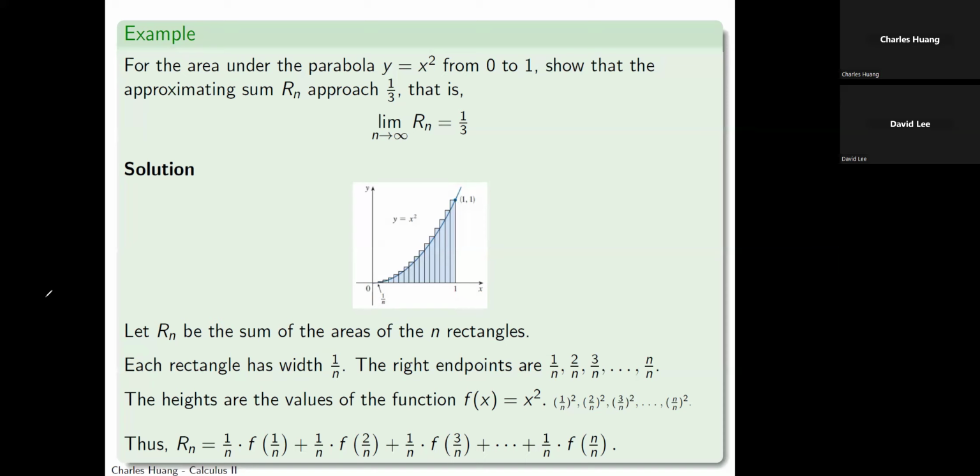It doesn't matter. They will all give you the same answer because we're going to make the number of rectangles very big, and each rectangle is going to be very small. The width is going to be so small that right-hand side, left-hand side, or the middle doesn't matter. But it's easiest to do the right-hand side.